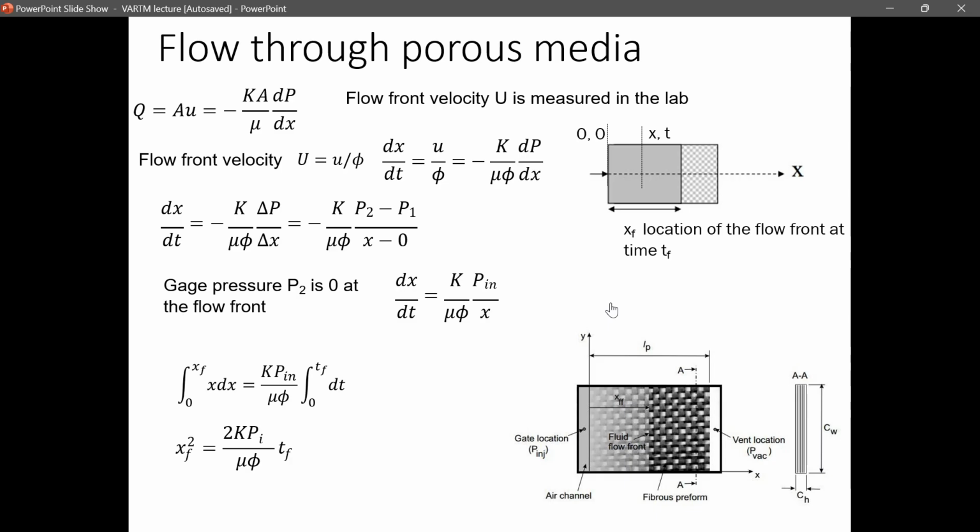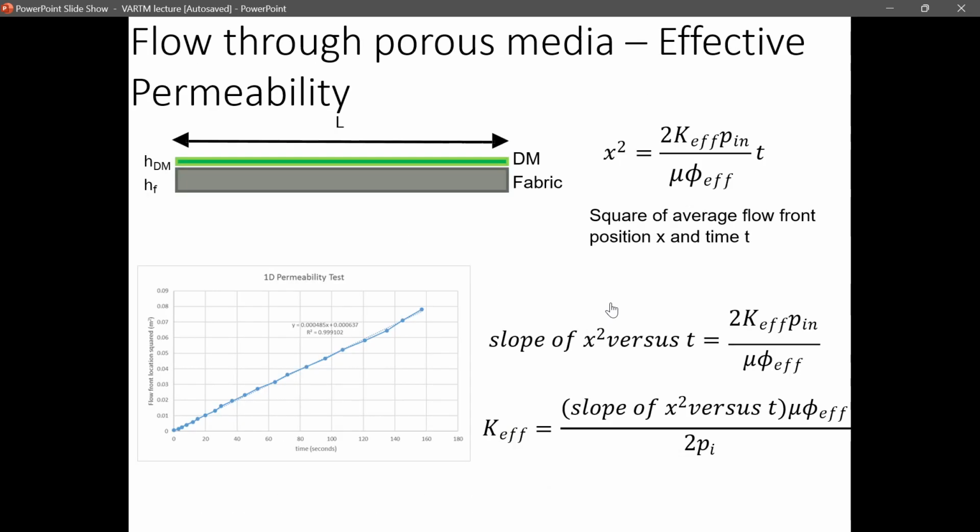We know the viscosity of the resin, because we are going to tell you what the viscosity of the resin is. And we can calculate the porosity, which means that we can easily calculate the permeability. You just have to get rid of this derivative, which we can do using this integral. So you have to use this equation to find the permeability of the fluid.